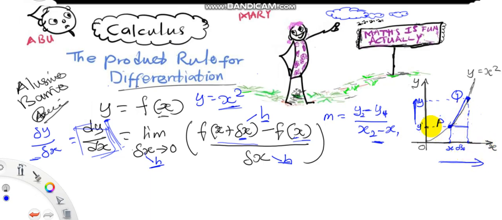Because there is a change in x, now there is going to be a change in y as a result. We can write this as a change in y, so this change in y is resulting from changes in x.